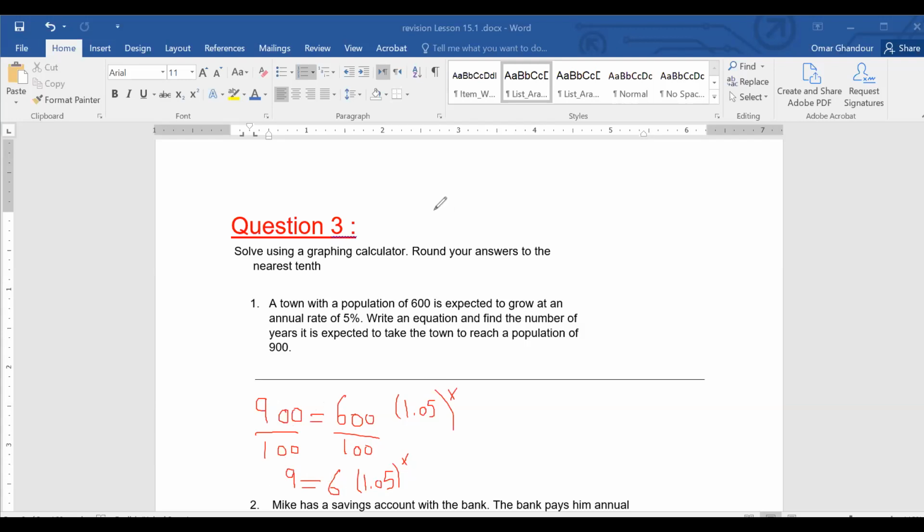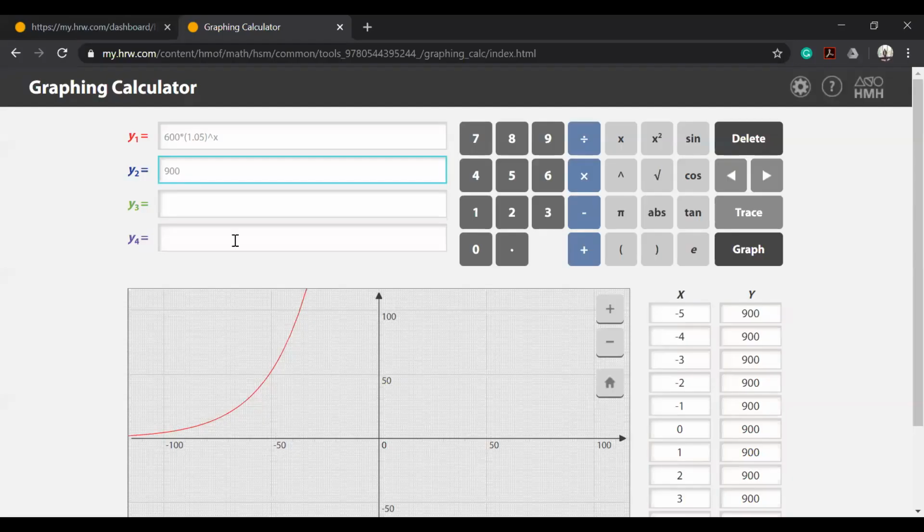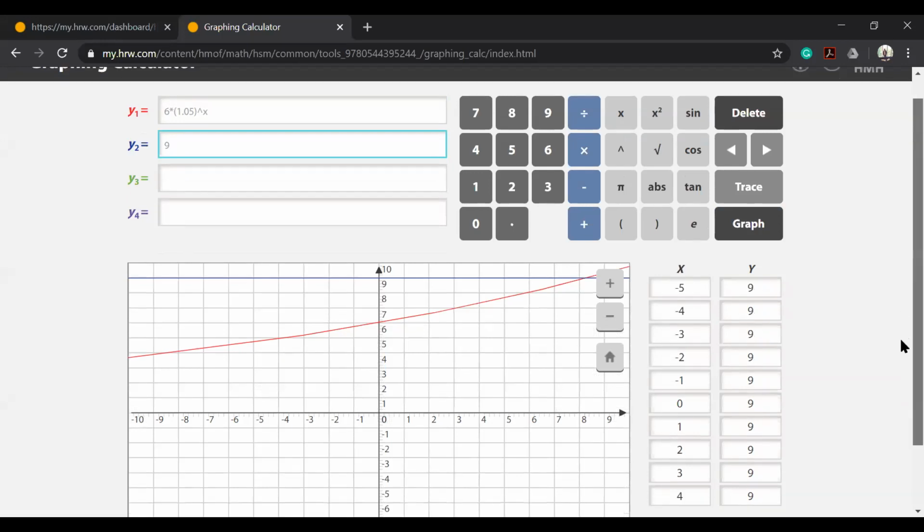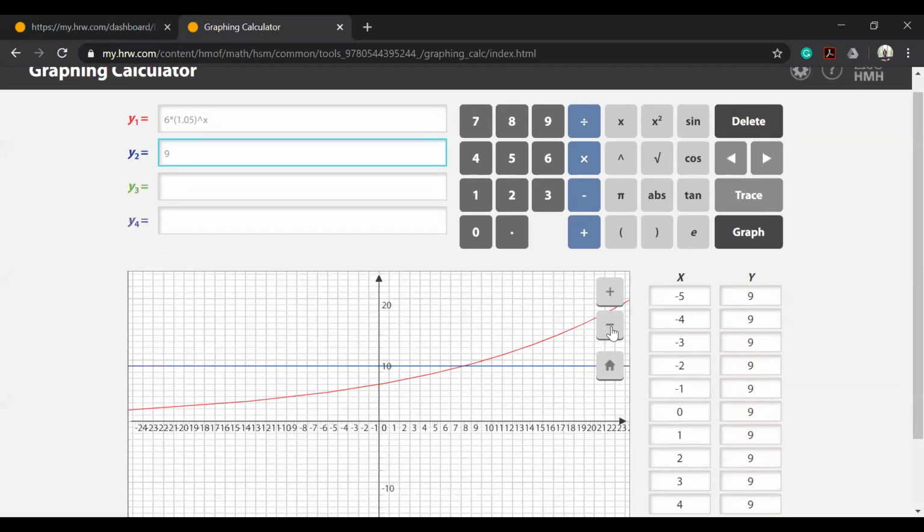So let's go back to our graphing calculator. Instead of the 600, did you see when I graphed, I didn't find the solution? The span is little, so that's why I decreased it. So this became 6 and this became 9. Now we can graph and find our solution right away. What do you think? Where is the solution?